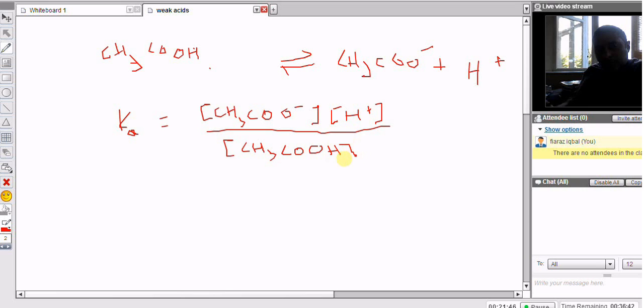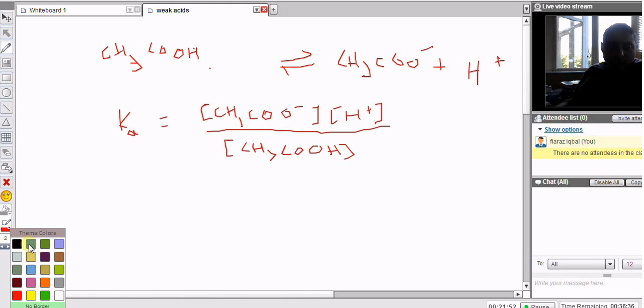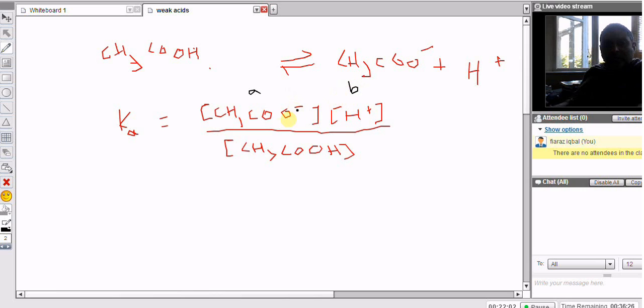is that these two, let's change colour, call them A and B. Black. I haven't used black for a long time. Here, A and B are two products. They're equal to each other. Well, of course they are, because one molecule of ethanoic acid dissociates, breaks down, into one ethanoate ion and one hydrogen ion.